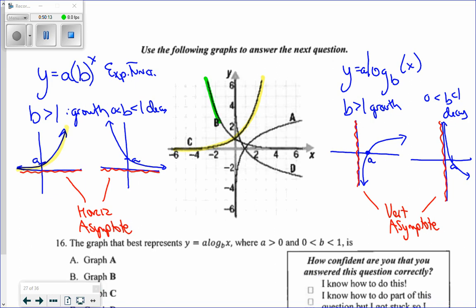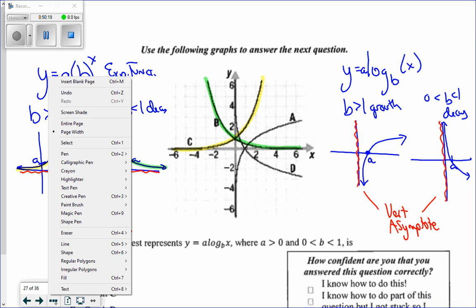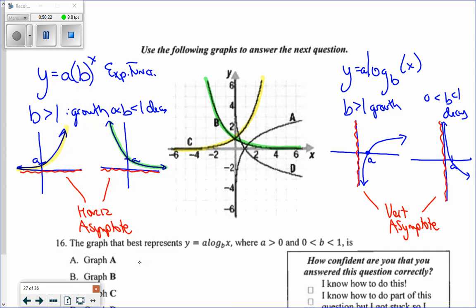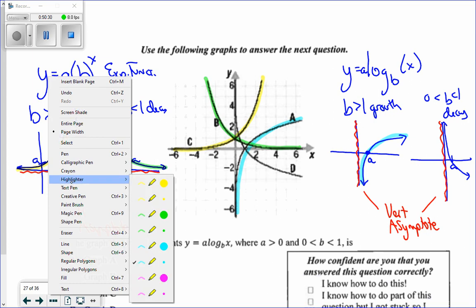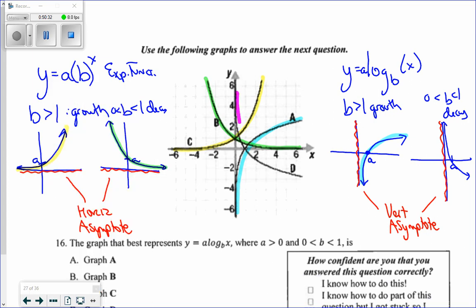B is exponential decay. A is log growth. And finally, D is log decay.